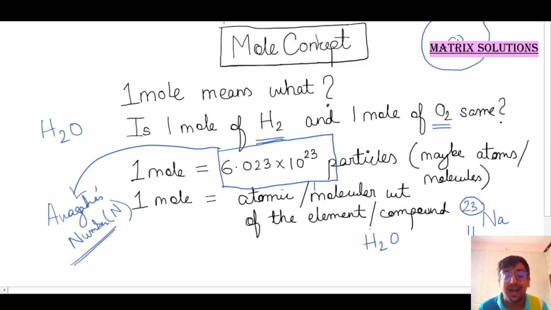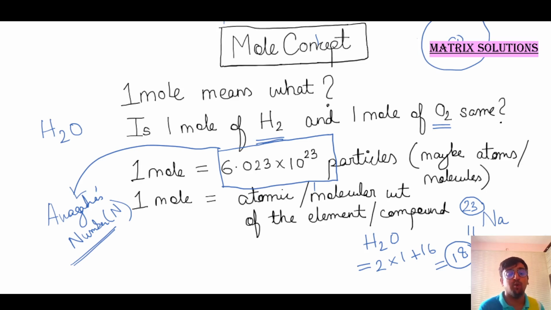We will just add up the atomic weights, with the numbers present in the molecule. Suppose in H2O, what is the weight of one H? That is 1, and there are 2 atoms, so 2 into 1. And what is the weight of one oxygen atom? That is 16. So what is the molecular weight of H2O? That is 18 gram. We need to convert it into gram to say that it belongs to 1 mole.